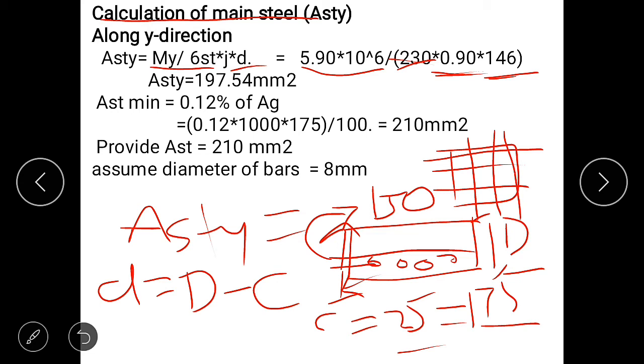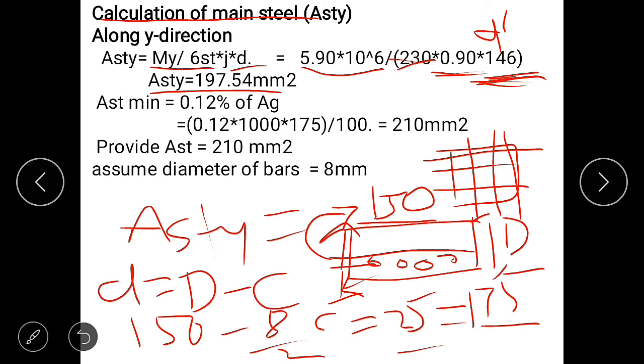So depth is 150 and from this 150 we have to deduct diameter of bar divided by 2. Our diameter of bar is 8, so 8 by 2. So the value of D dash is 146.